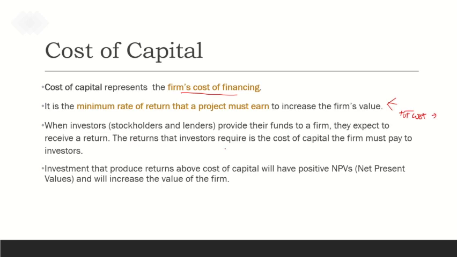The returns that investors require is the cost of capital the firm must pay to investors. Investment that produce returns above cost of capital will have positive NPVs. Yeah? So kalau return tu lebih besar daripada cost, so dia akan ada positive NPV.